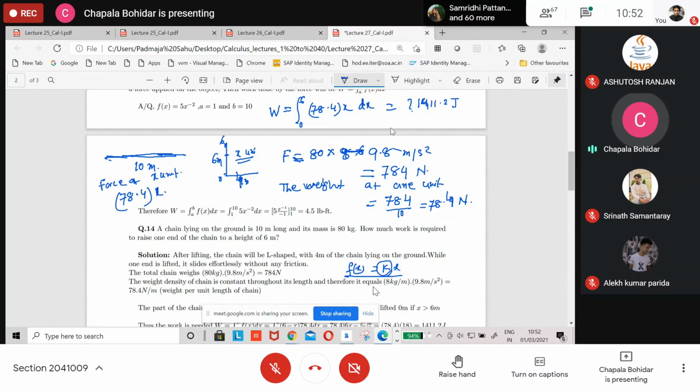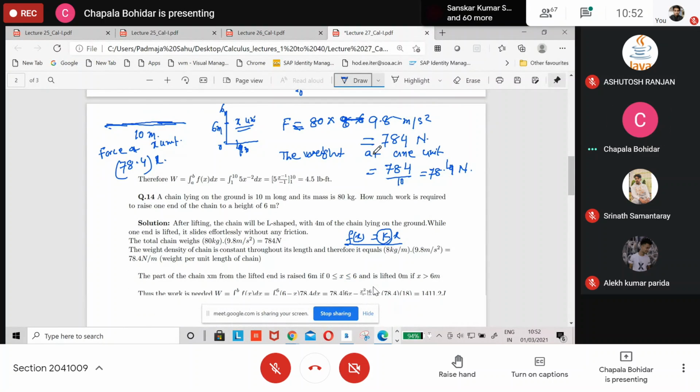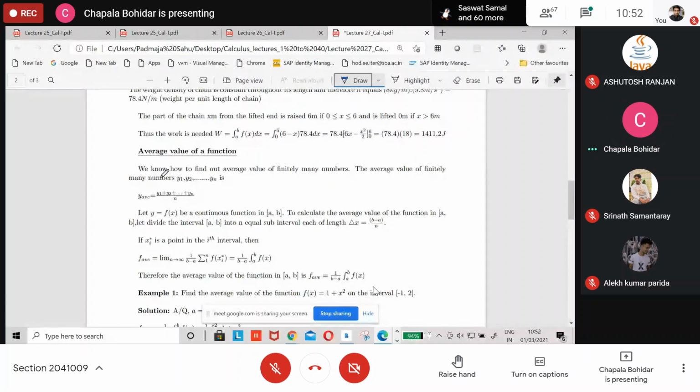Now come to the average value of a function. You know how to find your average value.